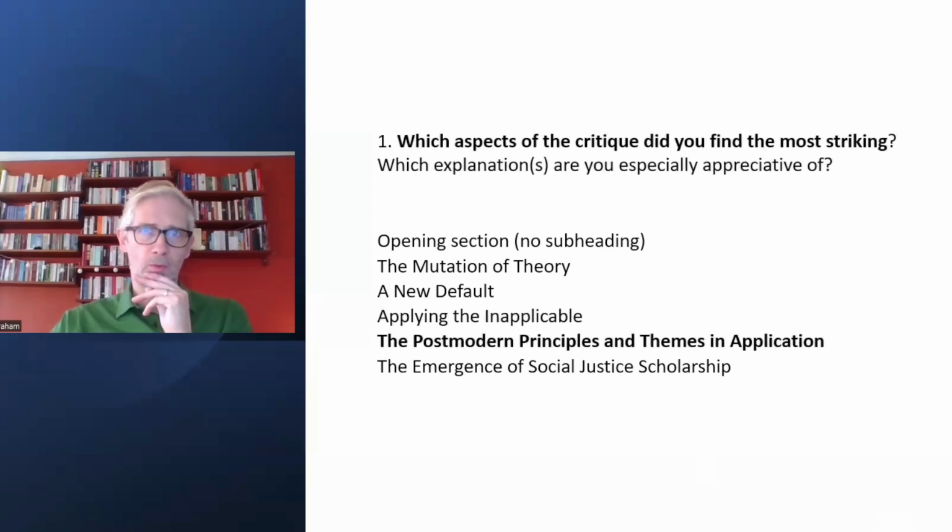Switching to what a reader might find interesting in terms of critique, the sections on the postmodern principles and themes in application, about the blurring of boundaries and the power of language, include some criticism of those two postmodern themes in the applied phase.